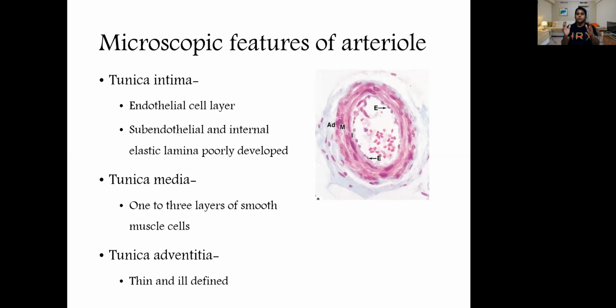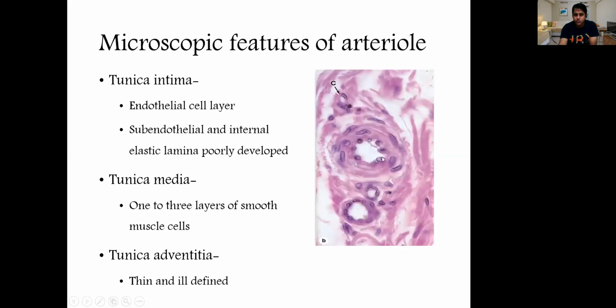Because in a larger arteriole, you may find 3 layers of smooth muscle. Here you may see the layers 1, 2, and 3. When it comes to the smaller arteriole, there may be only one layer of smooth muscle cells. The tunica adventitia is thin or ill-defined.